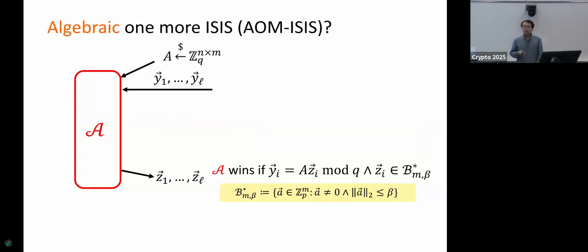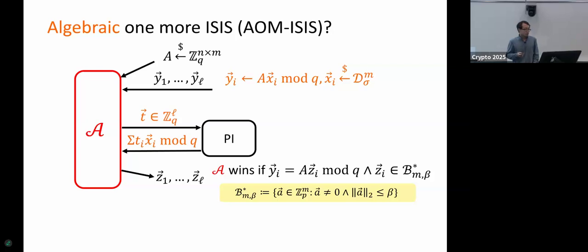And finally, let's see how the algebraic one-more problem is defined. Similar to before, the adversary still needs to solve the L challenges, but the difference is that now the challenge is sampled with a small pre-image. It means that the challenger will first sample a short x_i and compute y_i as A times x_i. Moreover, the PI oracle also becomes weaker, in the sense that the adversary can only ask for a pre-image of a linear combination of the challenges.